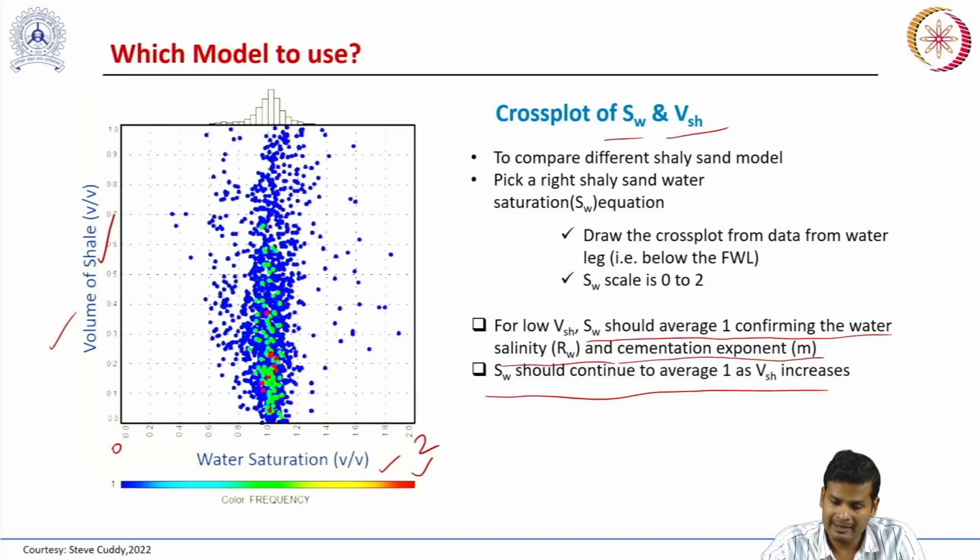As you can see in this cross plot, my values are almost equal to 1 even if Vsh is increasing for the shaly sand model for which this cross plot has been plotted. That means the shaly sand equation is a good fit for this reservoir to calculate the water saturation.